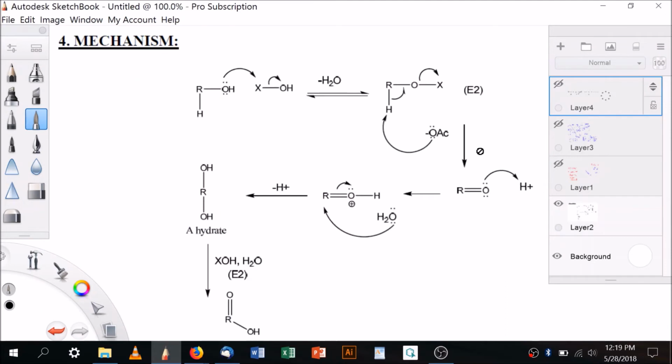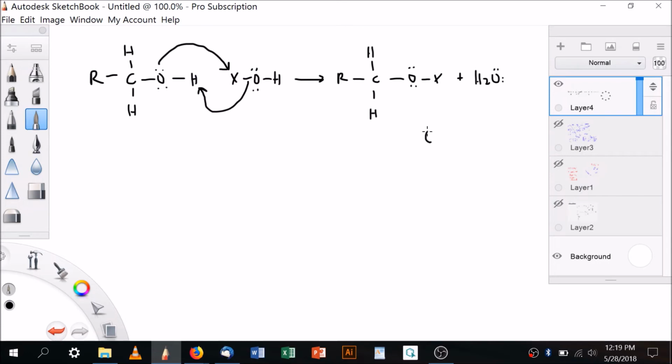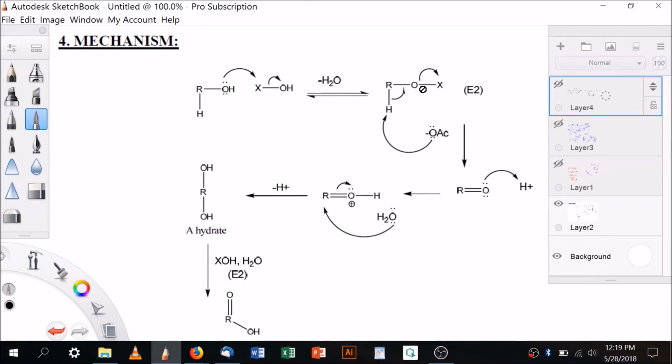Come back over here. Now that we've got that new guy, we've got acetate that comes and abstracts a proton. Okay, this comes and abstracts a proton, and this comes here.